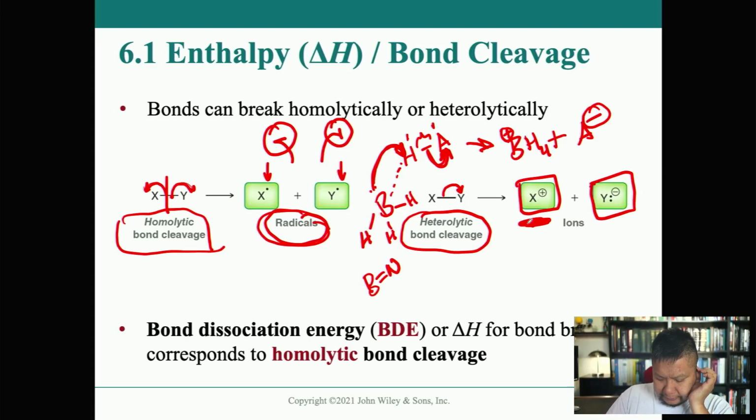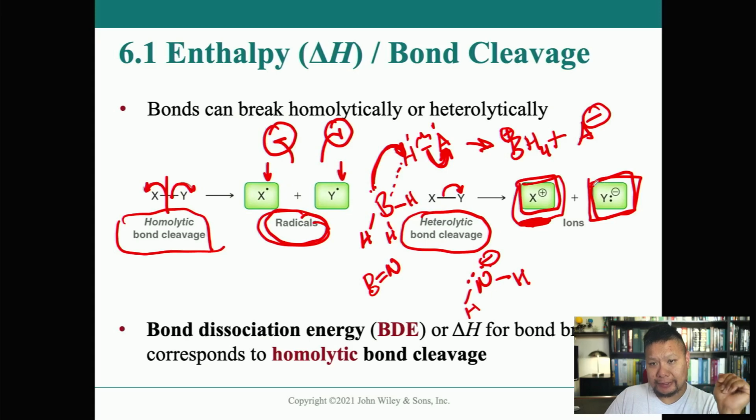So it could have just been the sodium amide, where you had the negatively charged amine, like this, and it already had a negative charge on it too. And that could have worked that way as well. But the point is, at the end, you have ions at the end of a heterolytic cleavage, and that's mostly what acid-base chemistry is. That's what Lewis acid-base chemistry is. It's a transfer of a pair of electrons.